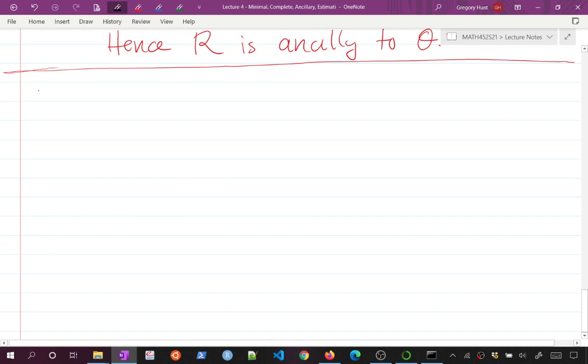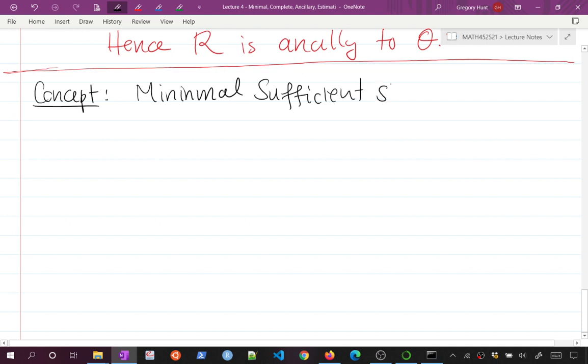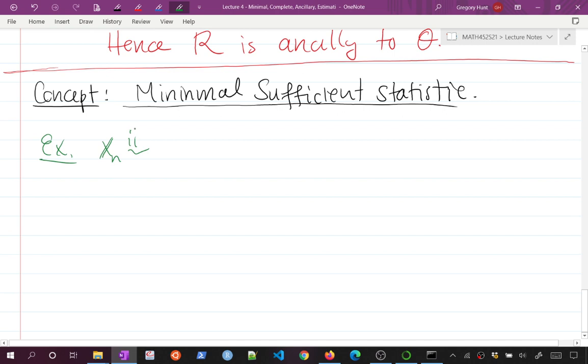So the first concept that I'm just going to make you aware of is what's called a minimal sufficient statistic. So we had this definition of what a sufficient statistic is. So by example, if, again, my data potentially came from a normal mu, 1 distribution.